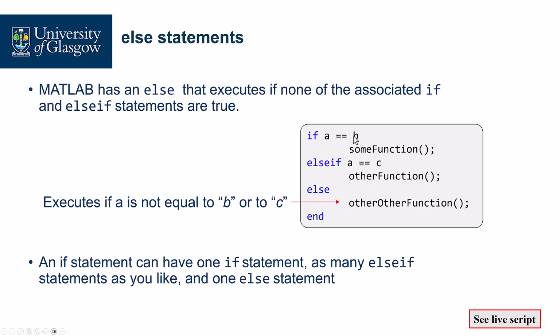So this else means A's value is neither B nor C, then we execute this one, right? In the if, elseif, and else statements, you can use one if and as many elseif as you want, and eventually you have one else statement.